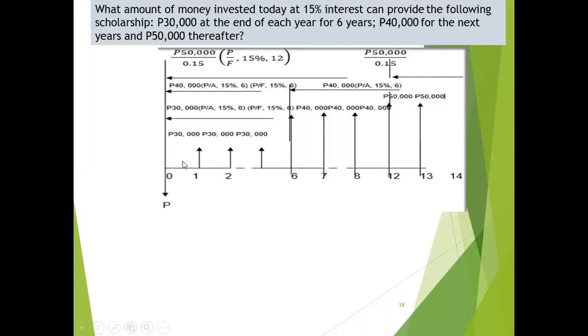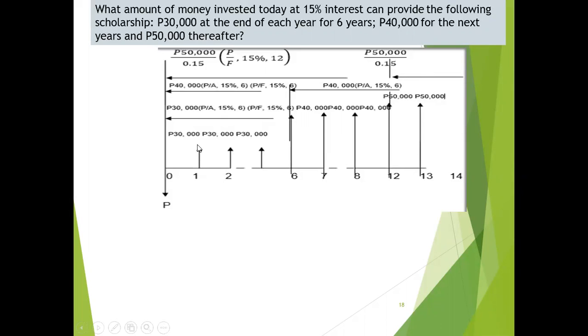So here, in order to determine the amount that you will deposit today, we see today as the focal date. So we need the present value of the money you want to receive for 6 years, then the present value of the money you want to receive for the next 6 years, and the present value of the money you want to receive thereafter.